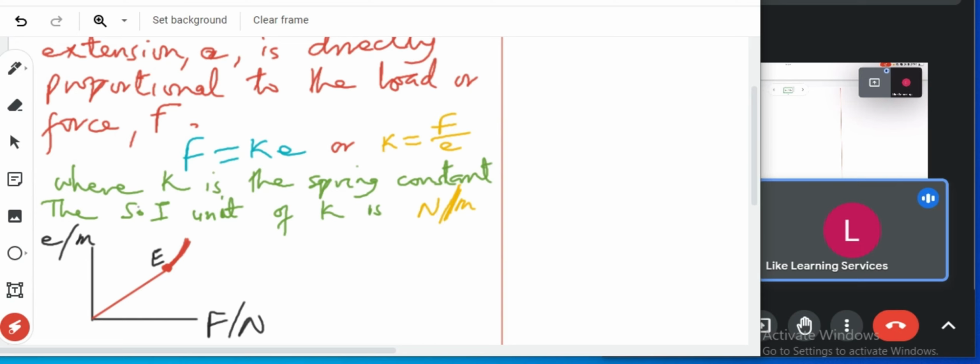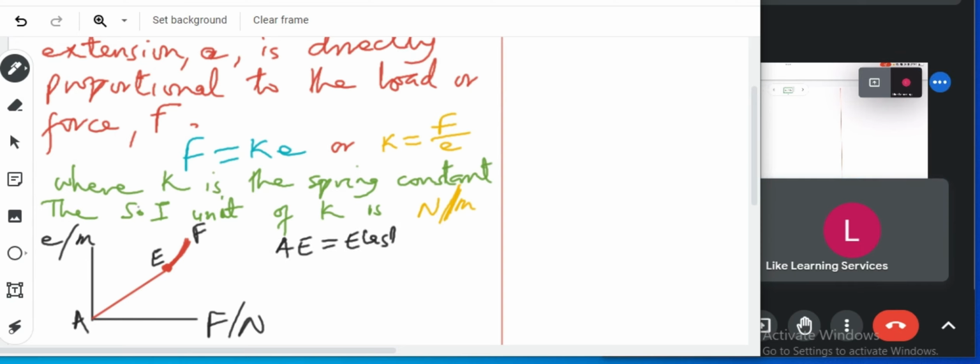A to E is the elastic region, and E to any position F is the plastic region.